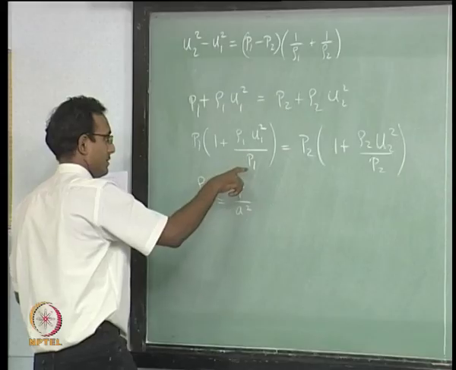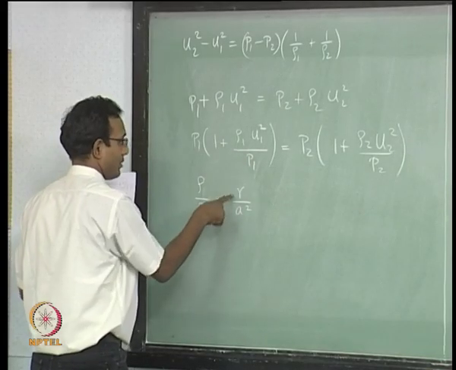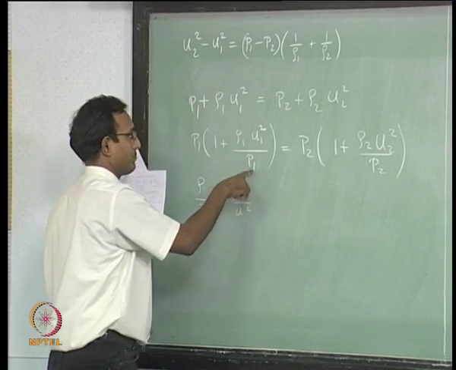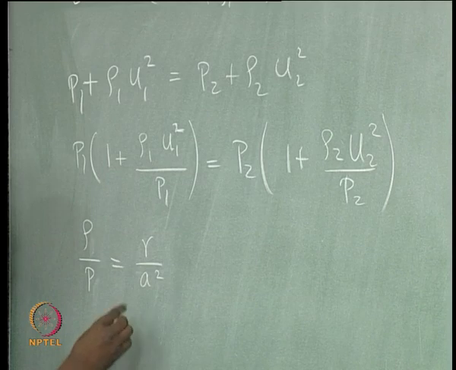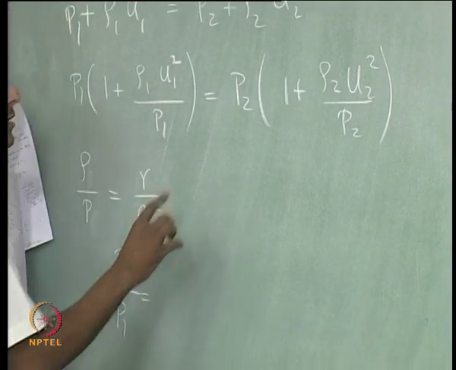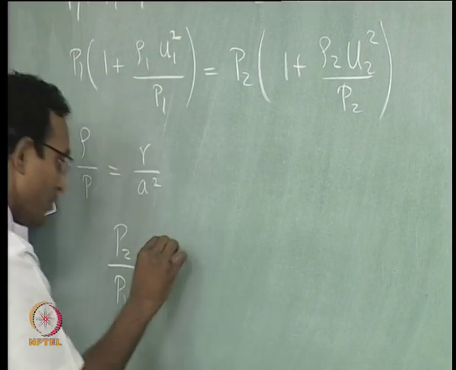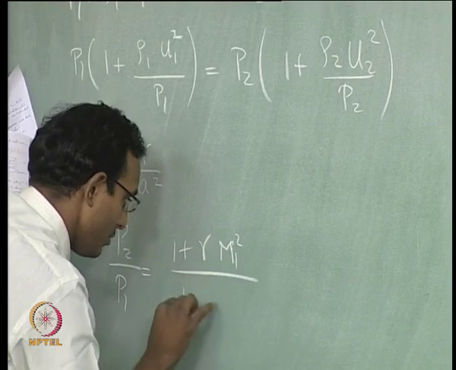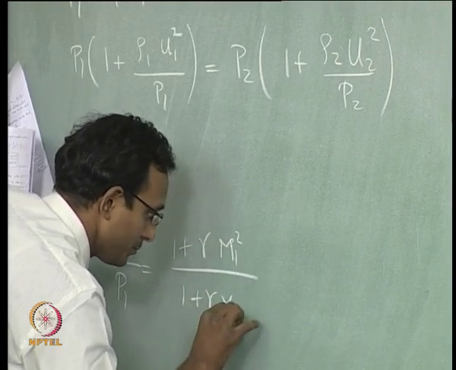If I use that, this rho by p will become gamma by a square, in this case it is gamma u1 square by a1 square, which will become gamma M1 square. So, I will get to a relation which looks like this, p2 by p1 will become 1 plus gamma M1 square by 1 plus gamma M2 square.